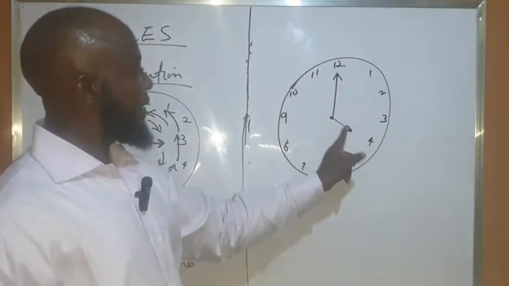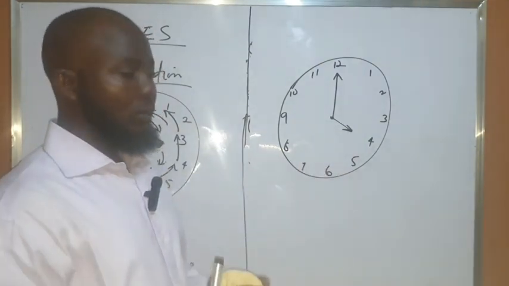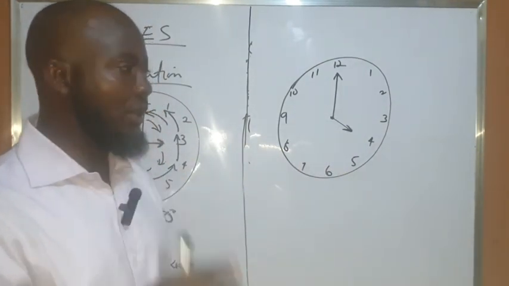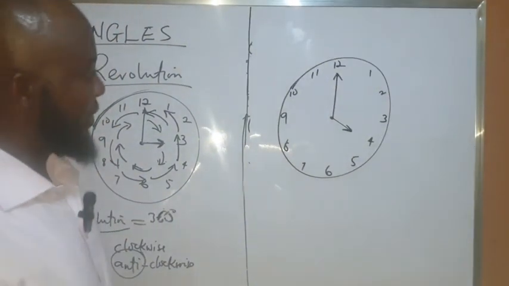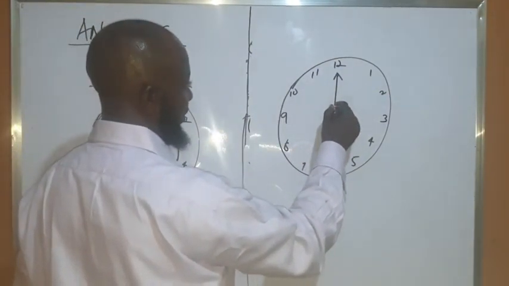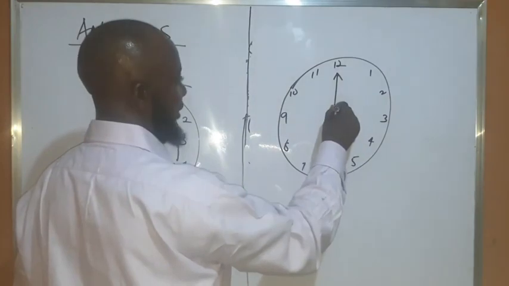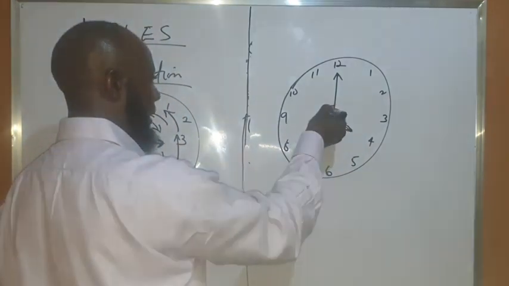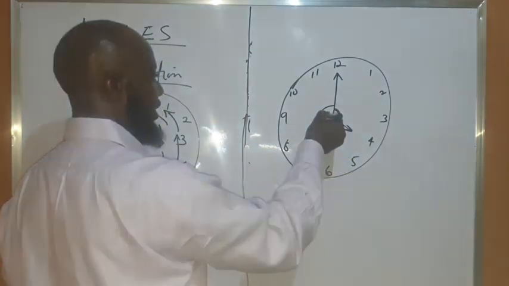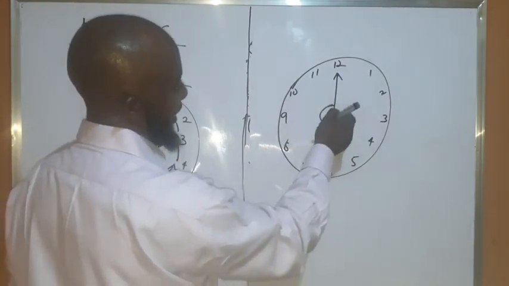This line and this line are meeting at this point, and we have formed 2 angles. You ask me, how come? We have 2 angles here. This is the first one, the amount of turn, that is distance. Then we have another angle at the back here. So which one is bigger? This one is bigger, while this one is smaller.